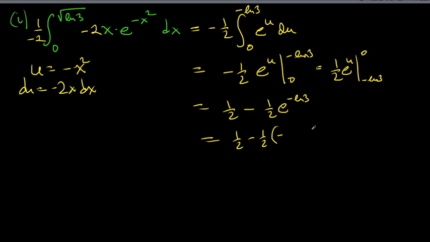Wait, no. E to the negative log 3 is e to the log of 1/3. Yeah, it's positive 1 over 3. Oops. Okay, so 1/2 minus 1 over 6.